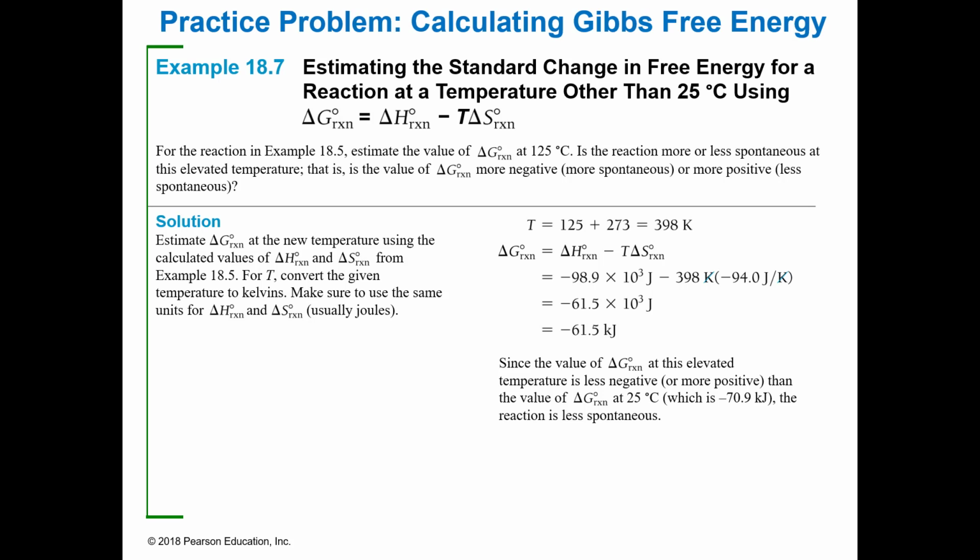So if you raise the temperature, it's not going to be as spontaneous, because at 25 degrees Celsius it is negative 70.9 kilojoules. At 125 degrees Celsius, it's negative 61.5, which makes sense.